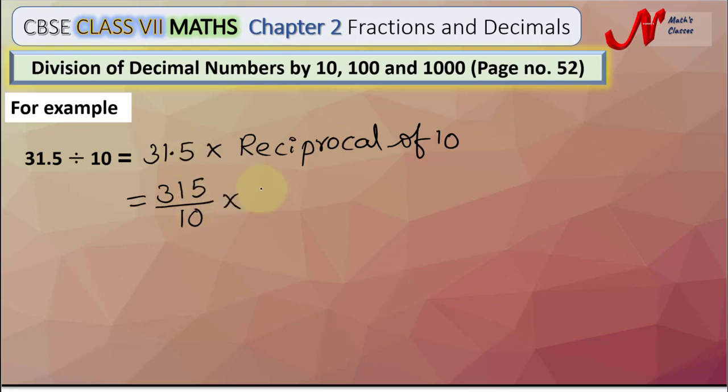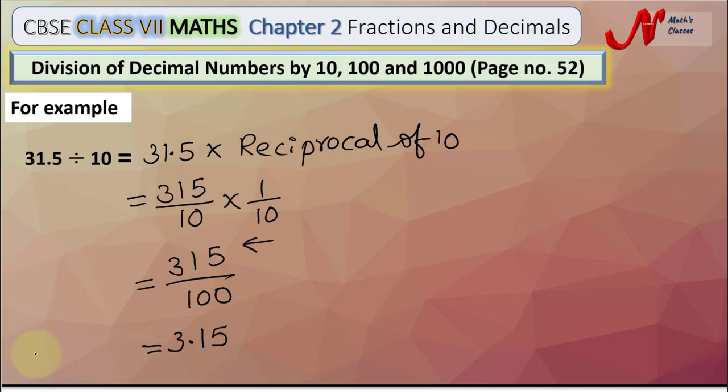So reciprocal of 10 is 1 by 10, which is equal to 315 by 100. So in the denominator we have 2 zeros, so we keep the decimal point from right to left after 2 digits. So we can write it as 3.15.